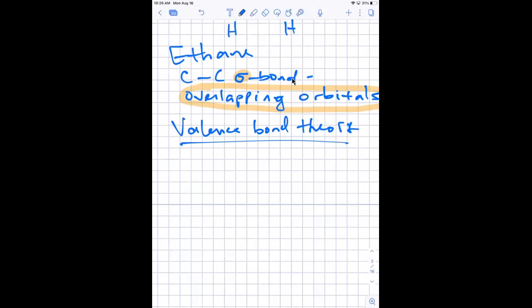So let's think about carbon. What is its atomic number? It's 6. And the atomic mass is 12, right? So carbon has 6 electrons.